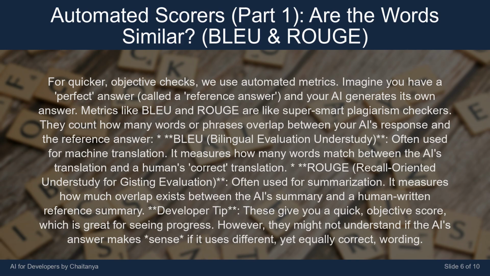It measures how many words match between the AI's translation and a human's correct translation. ROUGE, recall-oriented understudy for gisting evaluation, is often used for summarization. It measures how much overlap exists between the AI's summary and a human-written reference summary. Developer tip: these give you a quick, objective score, which is great for seeing progress. However, they might not understand if the AI's answer makes sense if it uses different, yet equally correct, wording.